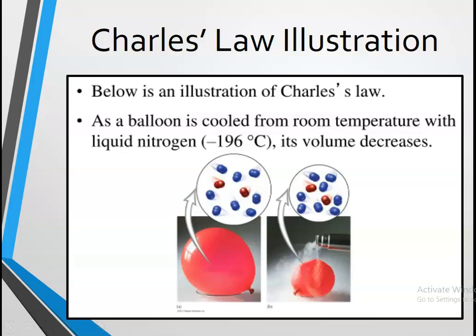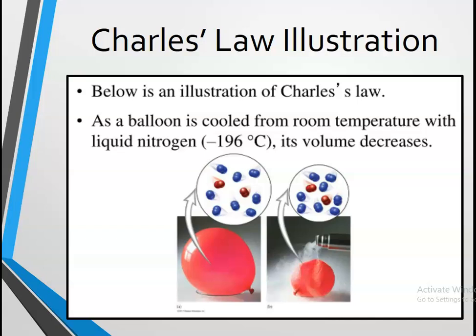It says, as a balloon is cooled from room temperature with liquid nitrogen, its volume decreases. So notice how that liquid nitrogen is poured onto the balloon. It's going to rapidly decrease the pressure, and it causes that balloon to shrivel up. You could also do something similar to this at home.